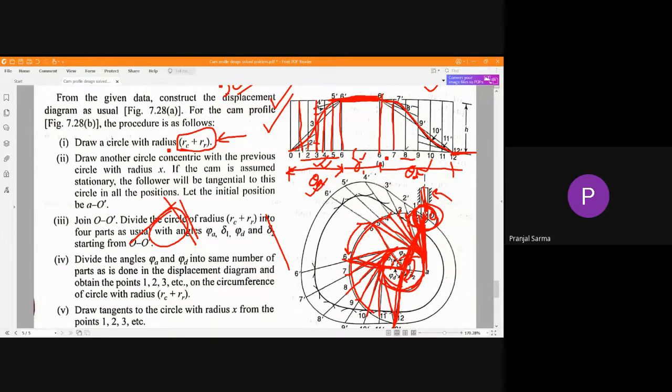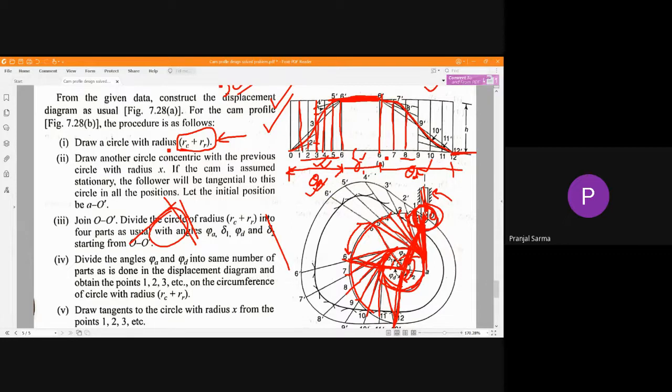These distances we will measure using a scale, and produce that much from the corresponding divisions along the tangent. That's why those tangents are important, because tangent means always tangent to this particular smaller circle, so at that position the roller follower is always opposite to this particular circle.